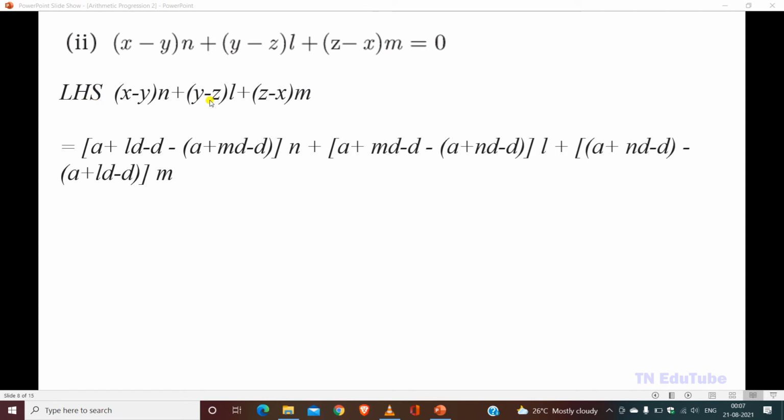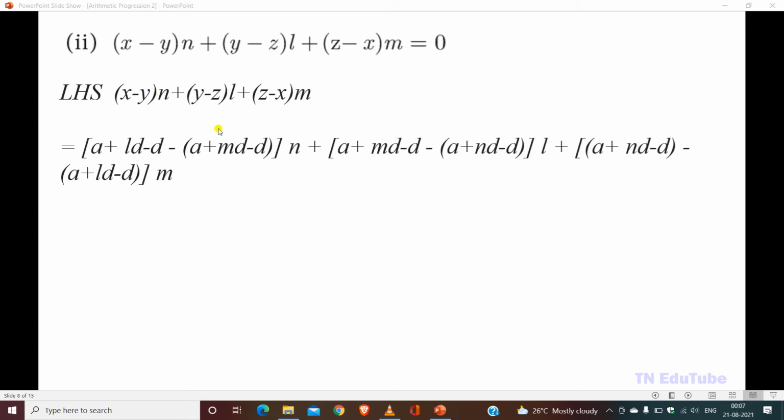We have to take the left hand side of this expression and substitute the value of x and y. x is a plus l minus 1 into d, that is a plus ld minus d. Multiply inside with d and write here. Minus y is a plus m minus 1 into d, that is a plus md minus d.